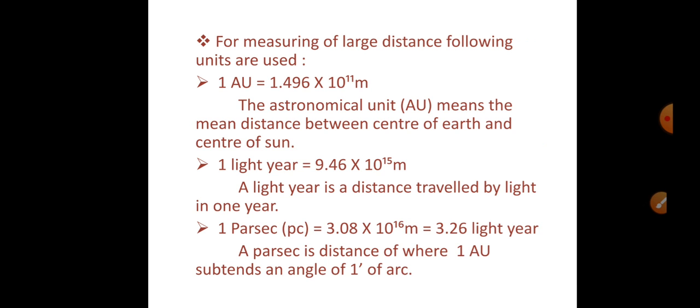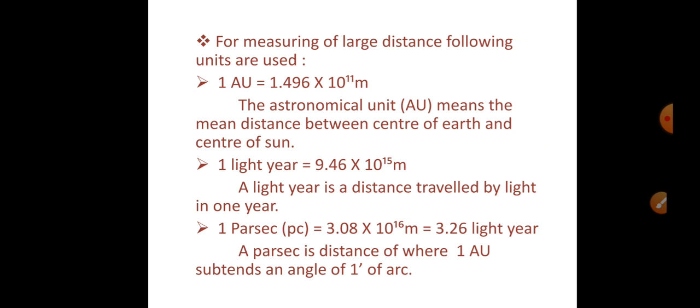This is the mean distance between the center of the earth and the center of the sun. Another unit is the light year. A star can be far away from the sun and the earth, measured in light years. A light year is the distance traveled by light in 1 year, and 1 light year is equal to 9.46 into 10 raised to 15 meter.